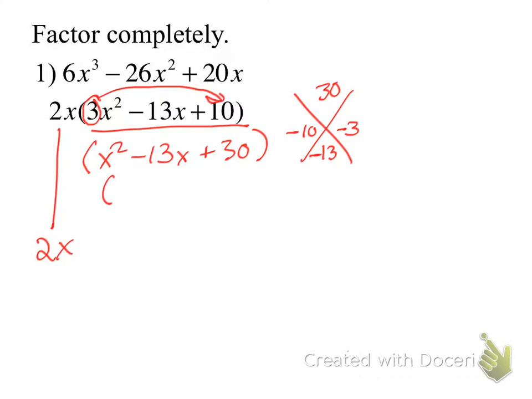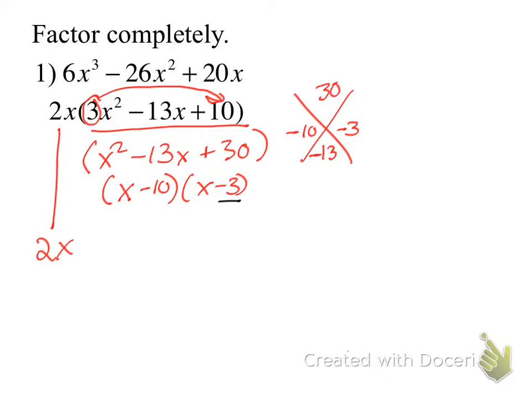Okay, and so now I have to break this down. What does this factor to, guys? X minus 10 times x minus 3. Okay, next. Now what would I do?